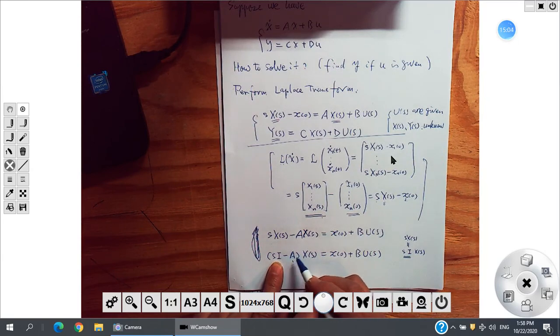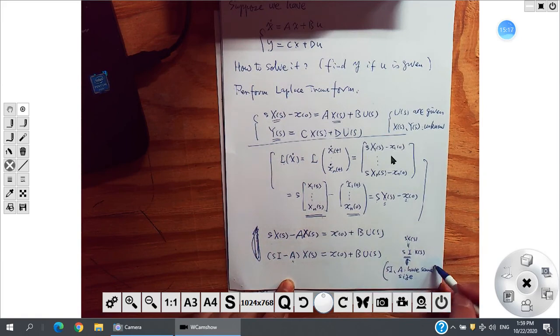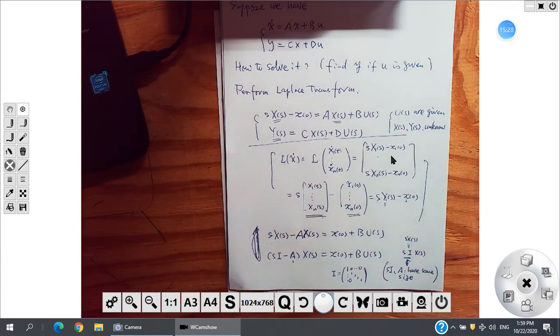And what is I? I is 1, 0, 0, 0, only the diagonal values are 1. All the rest are zeros, right? So this is a unit matrix.